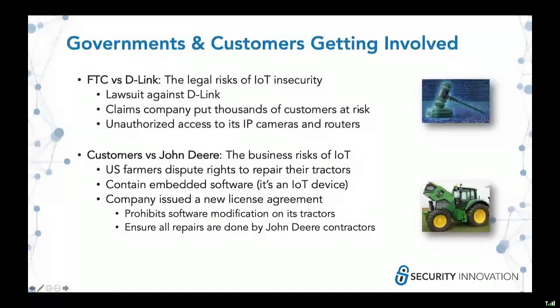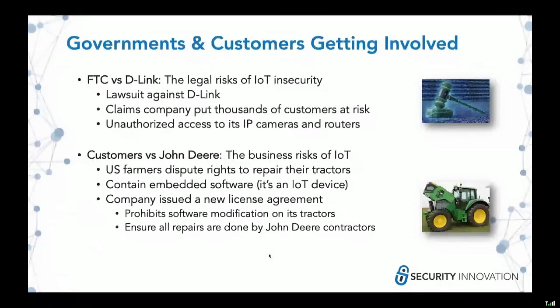And I won't bother talking much about the FTC versus D-Link, but I will talk a little bit about John Deere. Many folks are familiar with farm tractors. John Deere is a very large manufacturer of tractors, and when a tractor breaks down on a farm, what does the farmer want to do? They want to repair the tractor and get it back into production, of course, because that downtime can cost the farmer money.